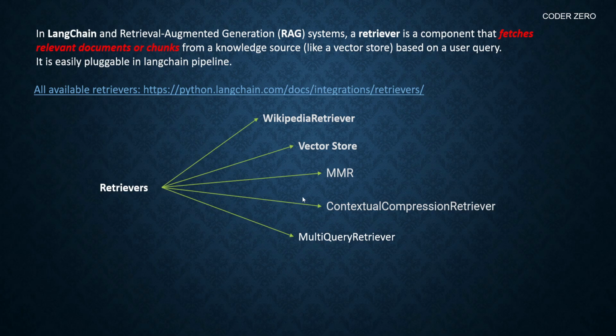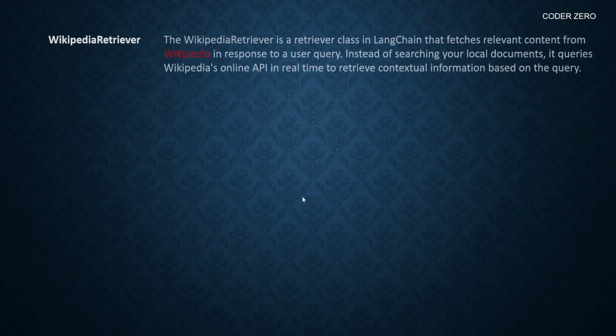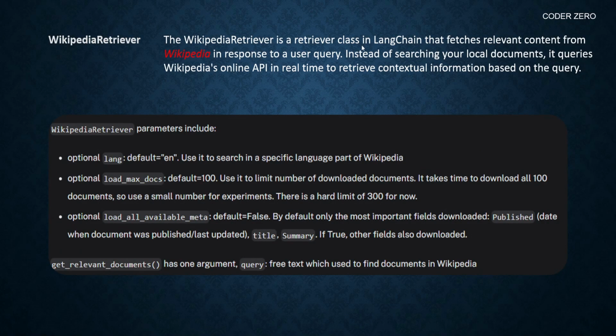Now what is a Wikipedia retriever? Wikipedia retriever is a retriever class in LangChain that fetches relevant content from Wikipedia. These are some options available in this Wikipedia retriever.